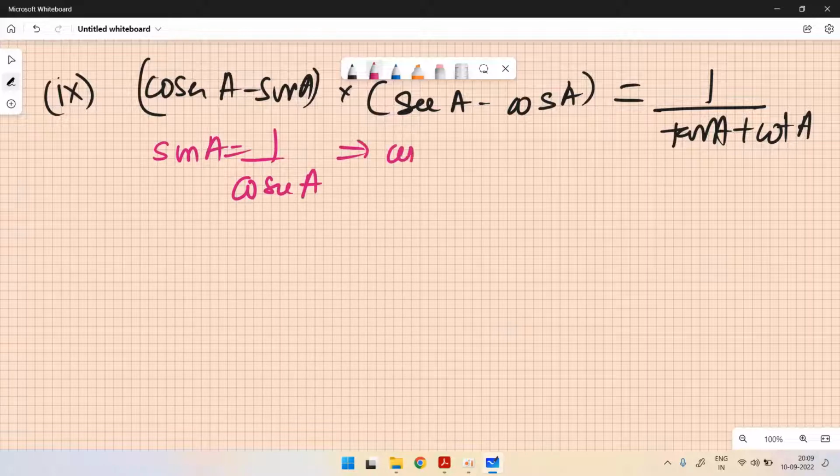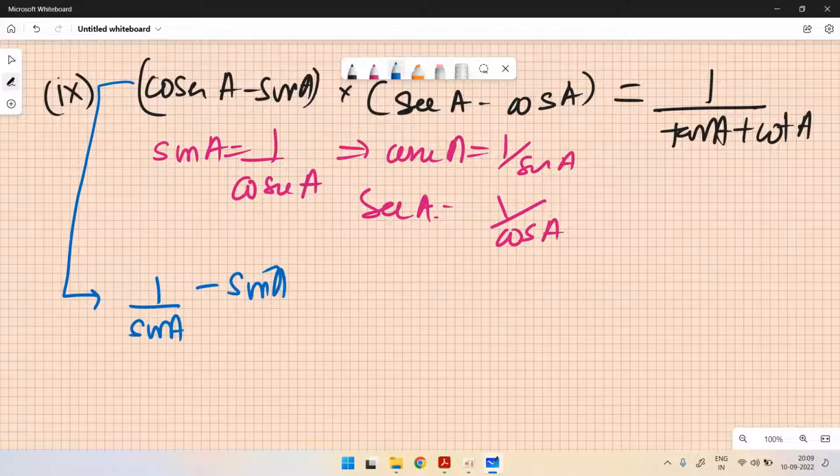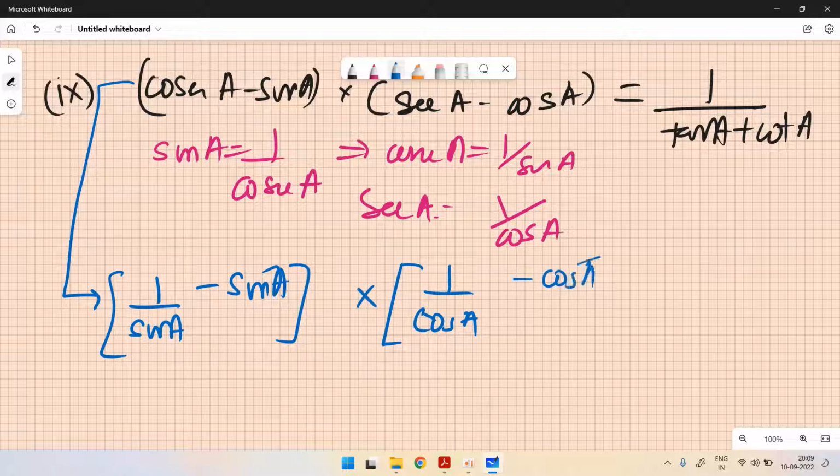It implies that cosecant A is 1 by sine A, and similarly secant A is also 1 by cos A. You substitute this value, so your expression will become cosecant A, which is 1 by sine A minus sine A, into 1 by cos A minus cos A. If you simplify this, you take the LCM of sine A and cos A in their respective brackets.